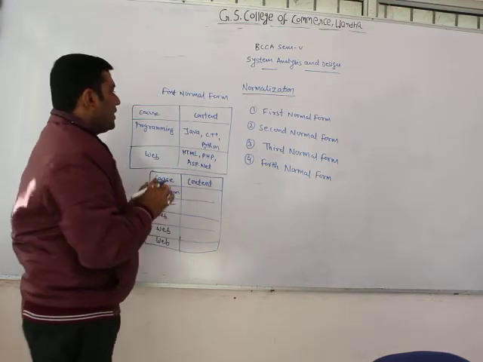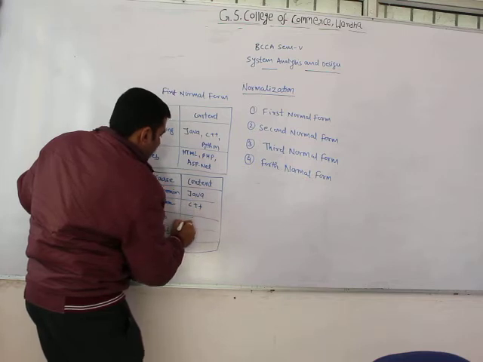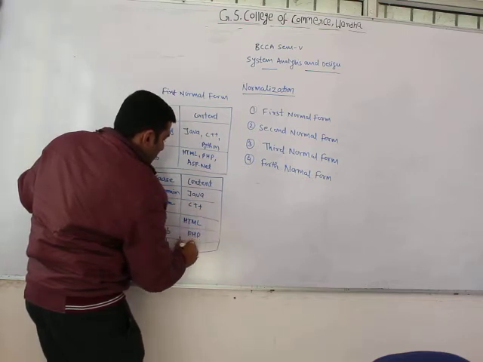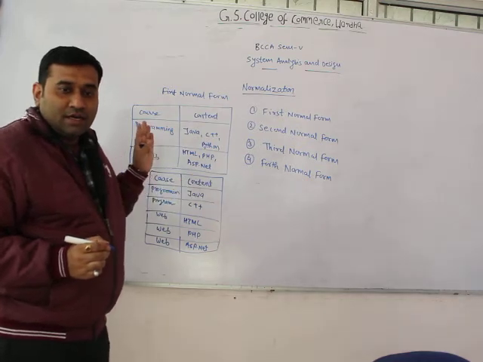It is converted: programming has Java, C++; web has HTML, PHP and ASP.NET. Course and their content.